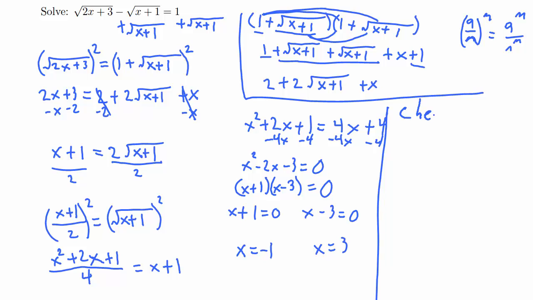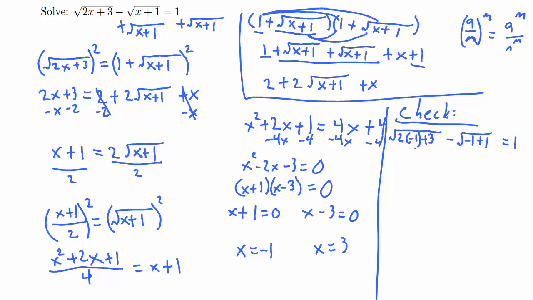So, checking. The first one, let's look at the negative 1 first. We have the square root of 2 times negative 1 plus 3, and then minus the square root of negative 1 plus 1, and we're hoping that that's 1. What's 2 times negative 1?